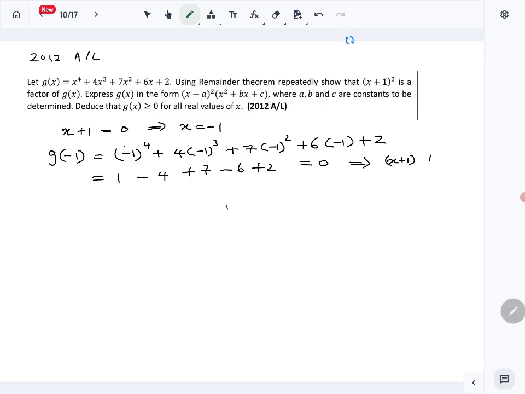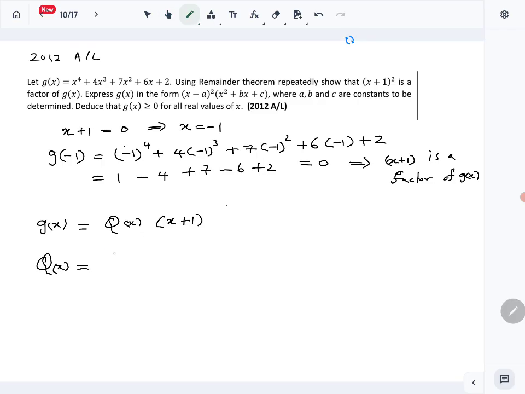So then we can write g of x using division algorithm form: quotient q(x) times x plus 1, plus no remainder. Then q of x is going to be a cubic.